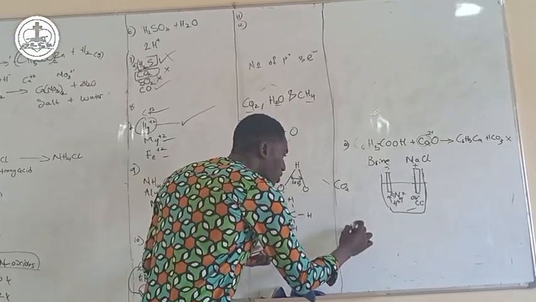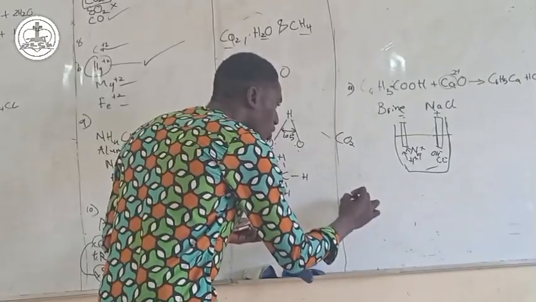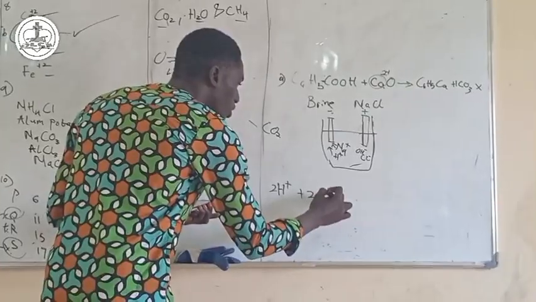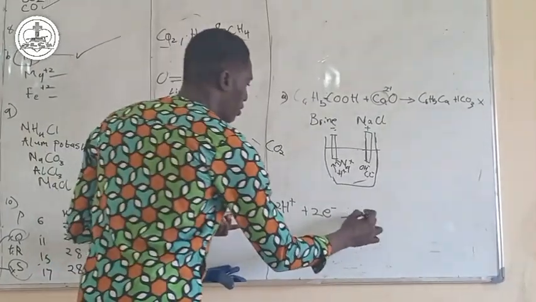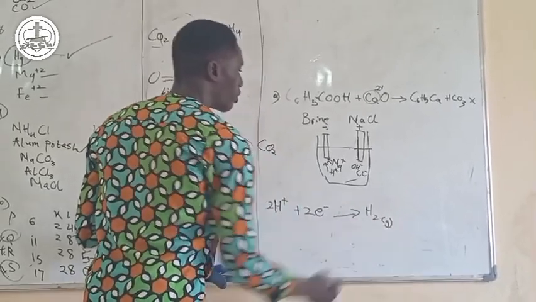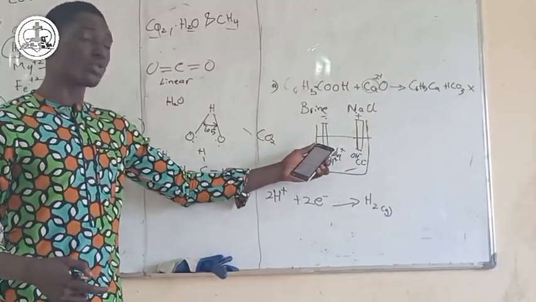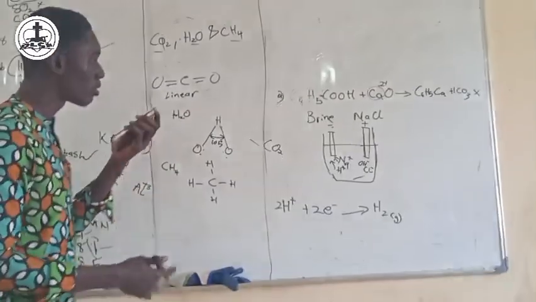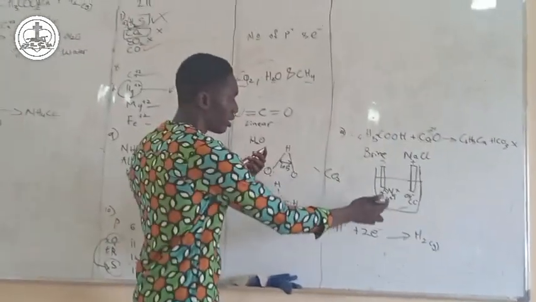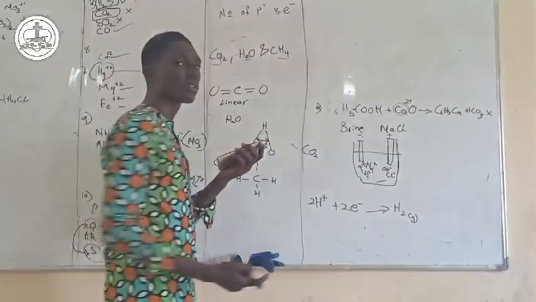At the electrode we have 2H plus plus 2e gives you H2, which is in gaseous form, because in the electrochemical series sodium is more electropositive than hydrogen, so the hydrogen will be preferred to be given off than sodium.